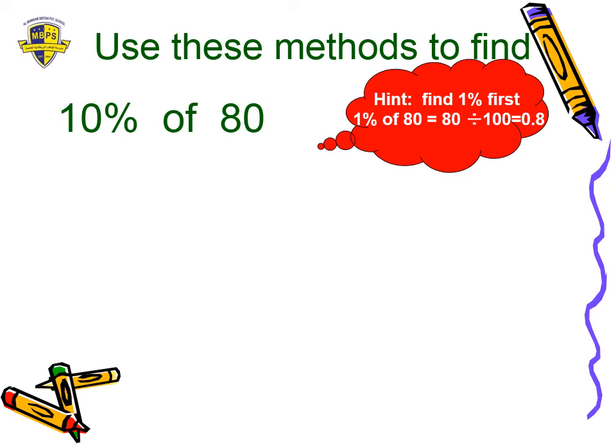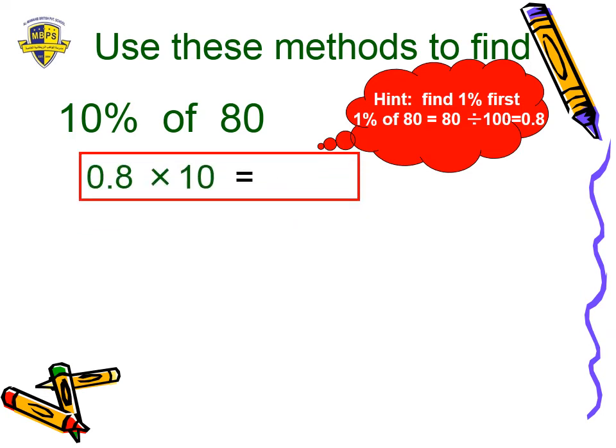So 8/10 multiply 10, or 0.8 multiply 10. And when we multiply by 10, shift this decimal point 1 digit to the right, because we are multiplying, so to the right. The answer will be 8. So 10% of 80, it's 8.